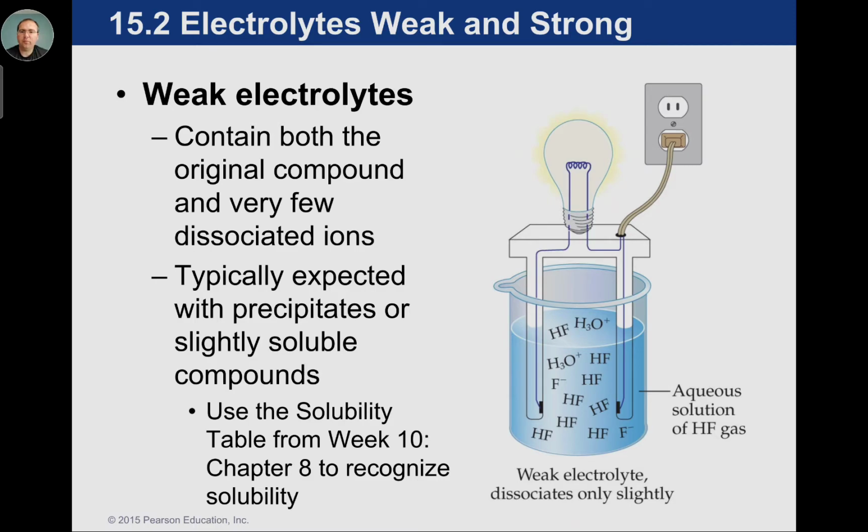So weaker acids, weaker electrolytes, weaker bases are in that same kind of analogy, in that they like to stick together most of the time. 99% of the time, they're together. Only when they're forced to will they separate, about 1% of the time. And that's what we consider weak. This is also what we would recognize as water insoluble, or a precipitate, in the previous chapter.